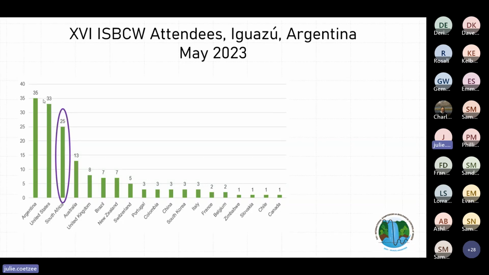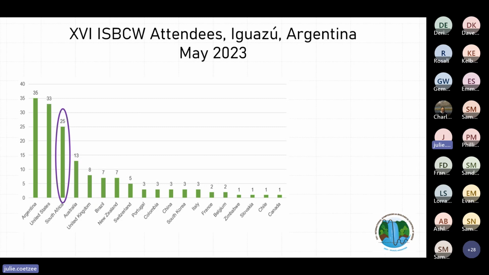As usual, the USA made up a huge proportion of the delegates, and South Africa came in third. And this was largely made up of staff and students of the Center for Biological Control, for whom I work.